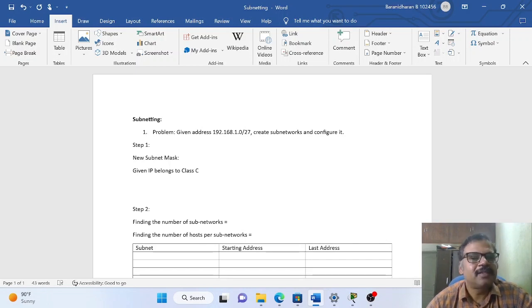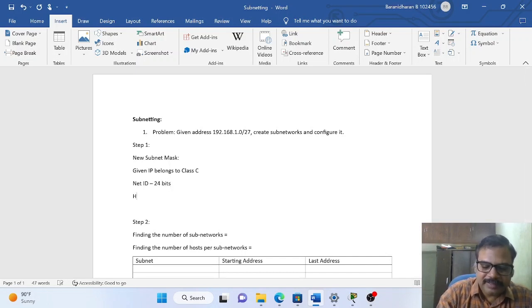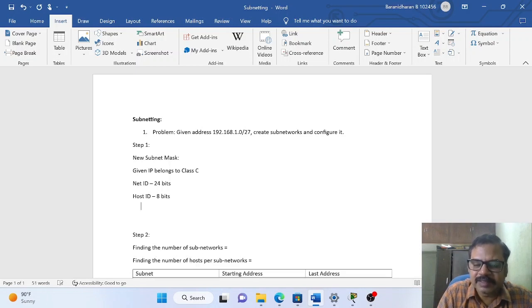This is class C. Class C's net ID length is 24 bits and its host ID length is 8 bits. We covered this in our last video, so if you have any doubt, please go through that and come back here. So net ID length is 24 bits, host ID is 8 bits for all class C addresses.